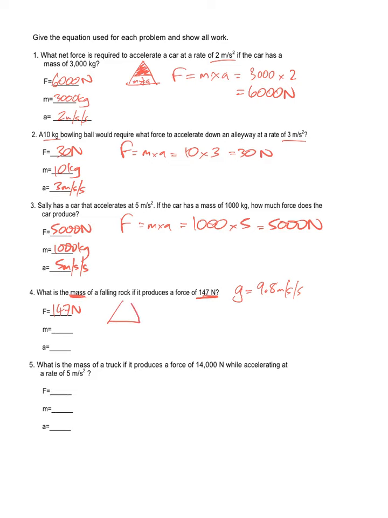Looking at the triangle, force, mass, acceleration, we're looking for the mass. So mass is going to be force on acceleration. The force was 147, the acceleration was 9.8. The mass must be 15 kilograms. So mass is 15 kilograms, acceleration is 9.8 meters per second squared.